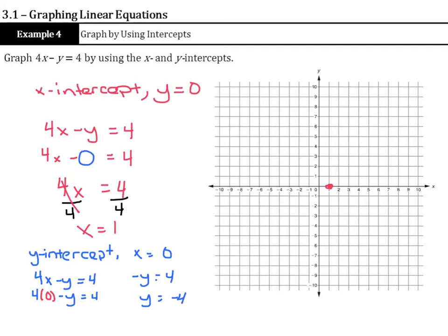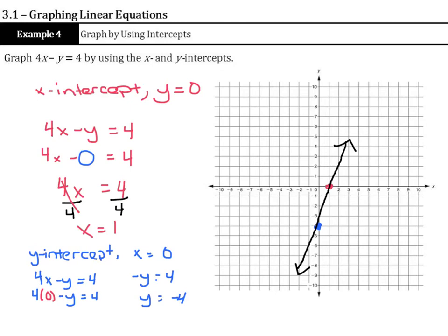So the y-intercept is where x equals 0 and y equals negative 4. And in order to make this a line now, just draw in your line connecting your x and your y intercept as straight as you can. And there is our line.